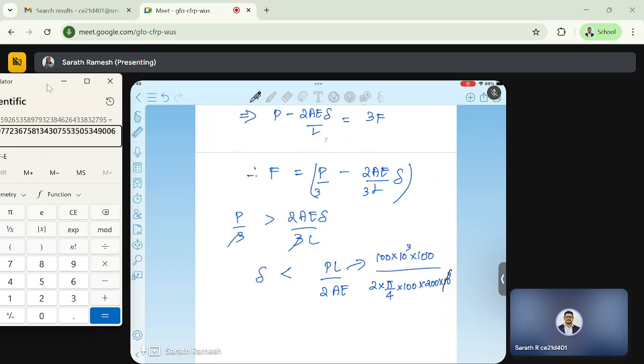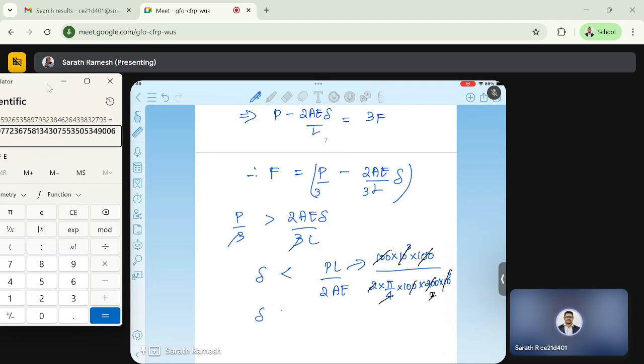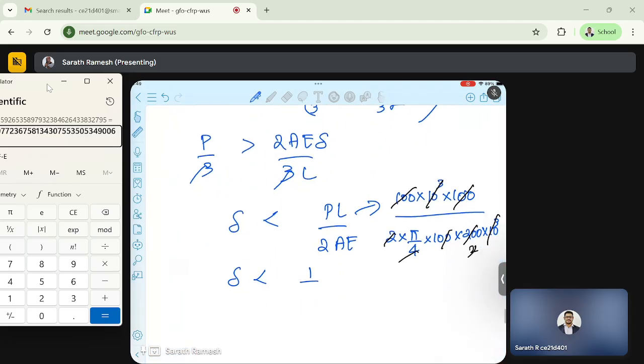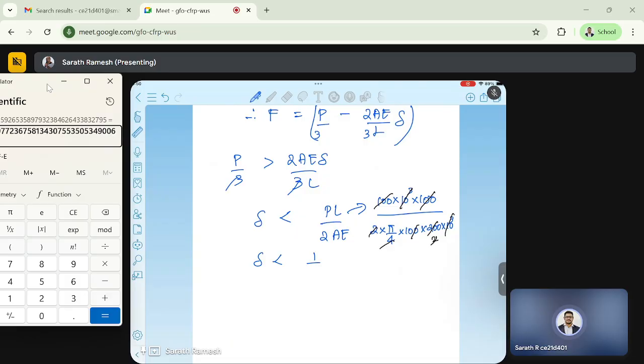So 10 power 3, 10 power 3, 100, 100, 100, 2, 2, 2, 4. So what else is remaining? Delta has to be less than 1 by pi is there, and everything went.